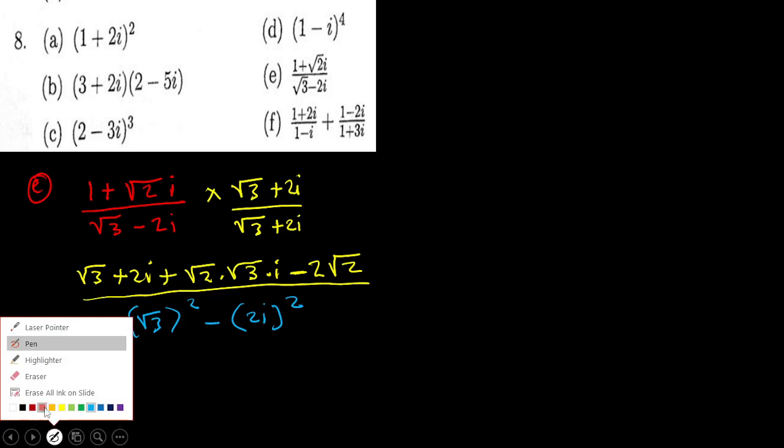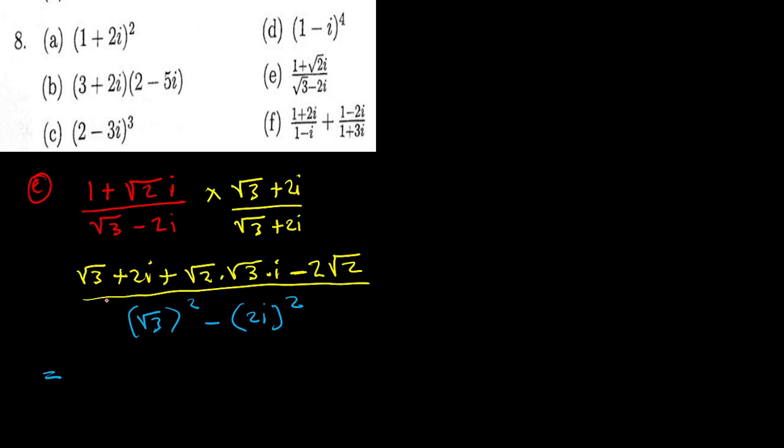So square root 3 and 2i, they are not like terms, right? So I'm going to put square root 3 plus 2i, and then plus, you know, this and that can be multiplied, and this will give you square root 6 i, and then negative 2, and that it will just simply be like that.